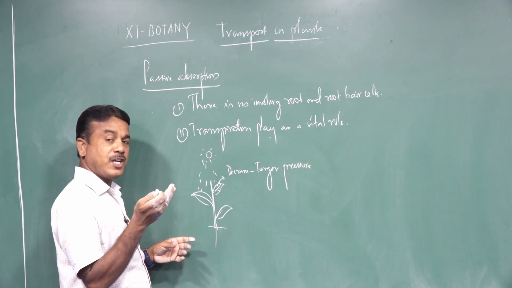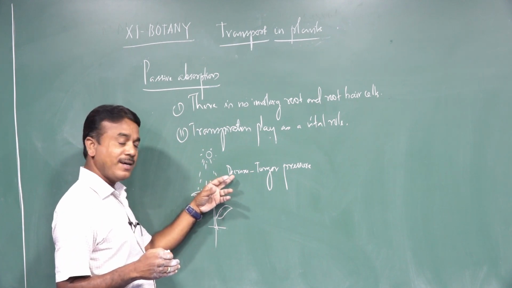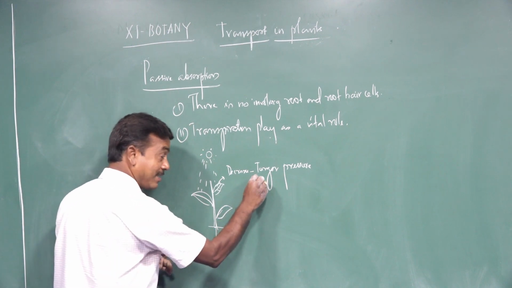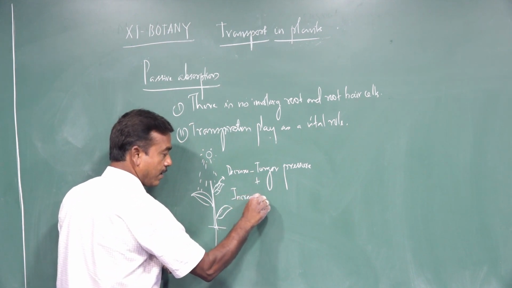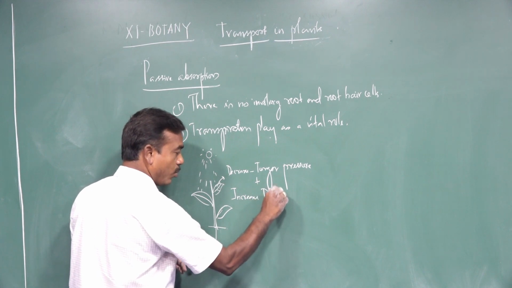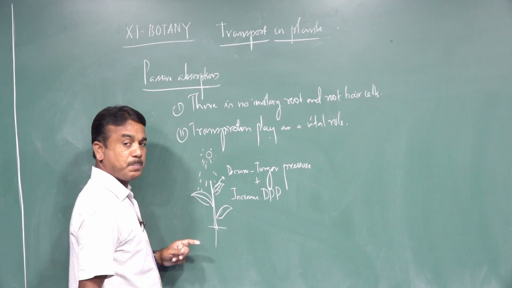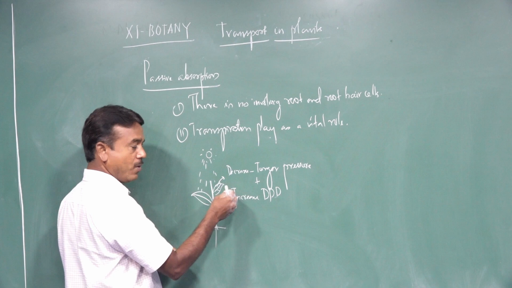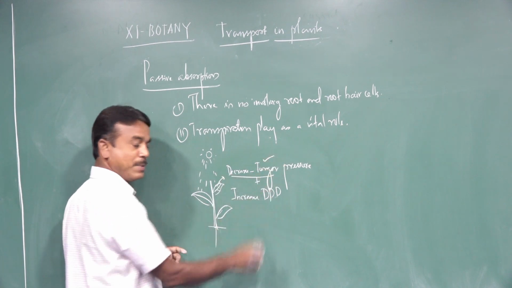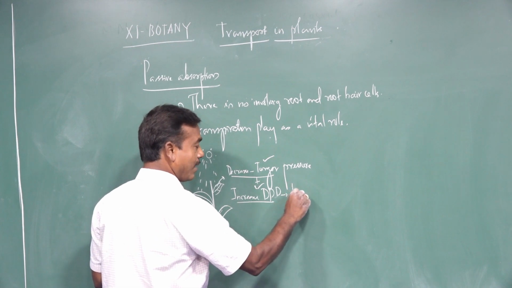When evaporation takes place, the leaf cell decreases its turgor pressure as well as increases its DPD. What is DPD? Diffusion pressure deficit. So the turgor pressure decreases as well as the DPD increases in the leaf cell.